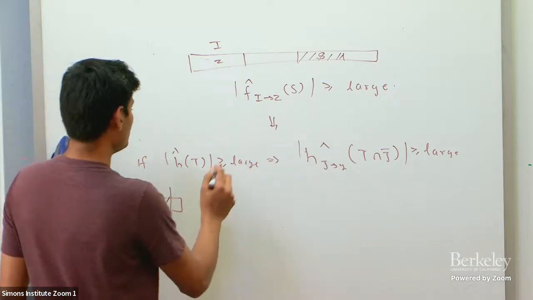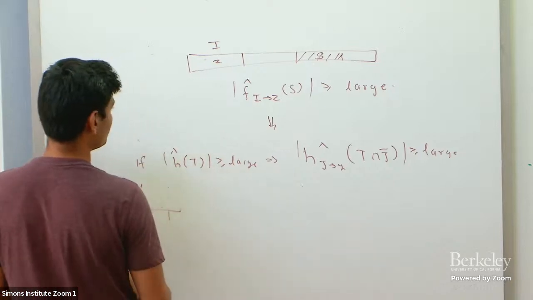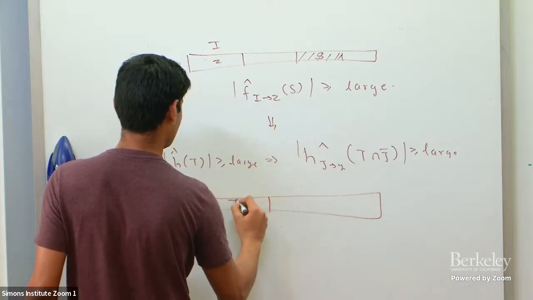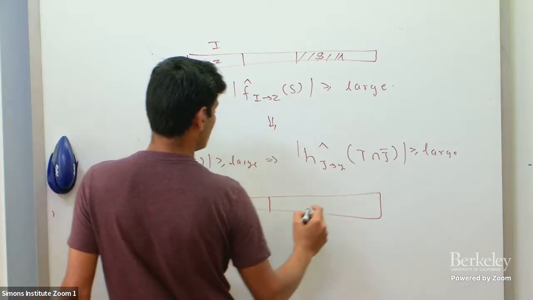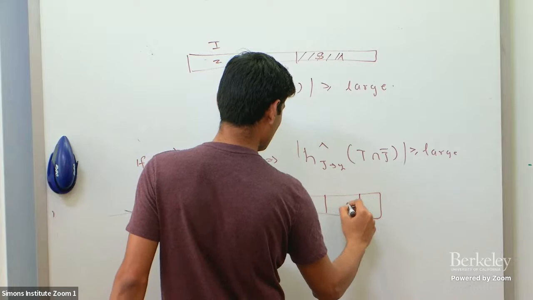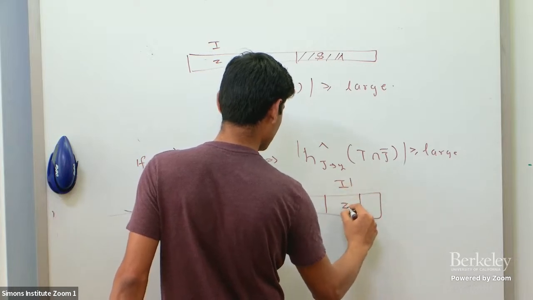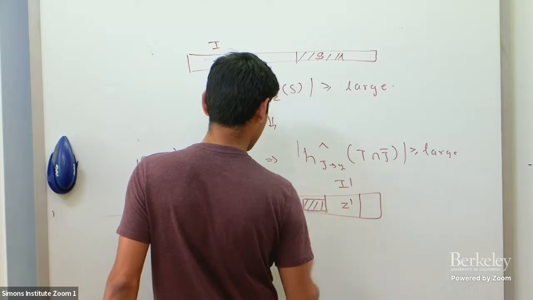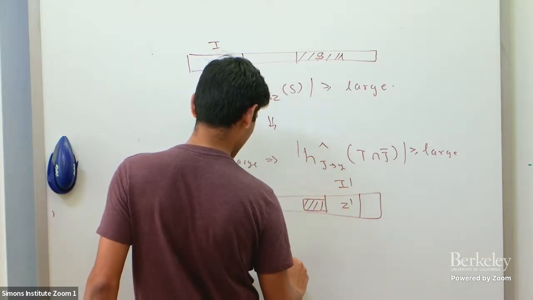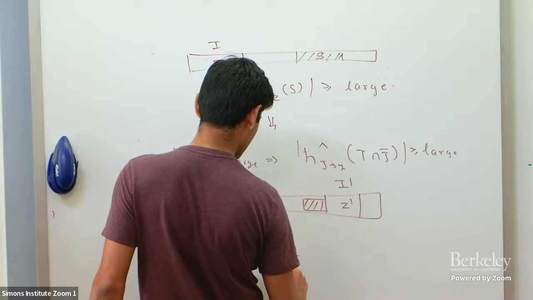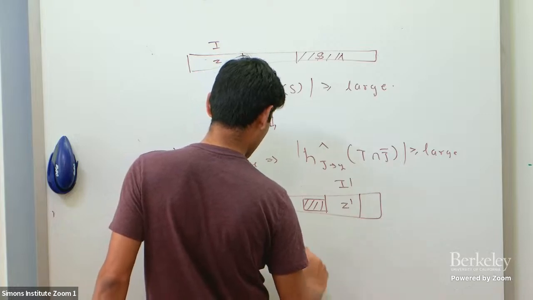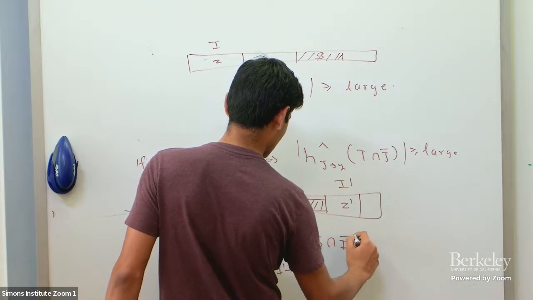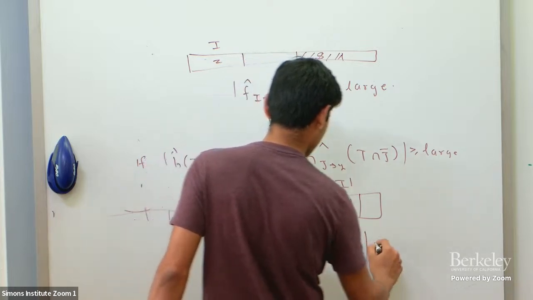Using this fact, we can conclude that there was this I, this was Z, and if you further restrict some other coordinates I prime to some other Z prime, then the same part of S stays heavy in the restricted function. So F where I restrict I to Z, I prime to Z prime, S intersection is large.